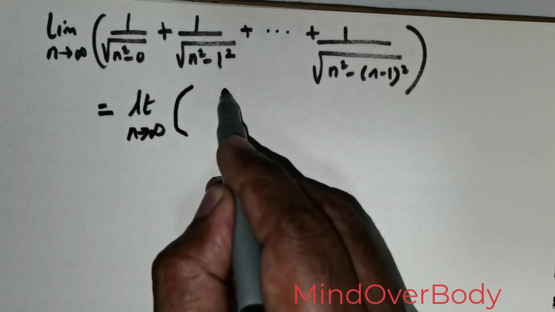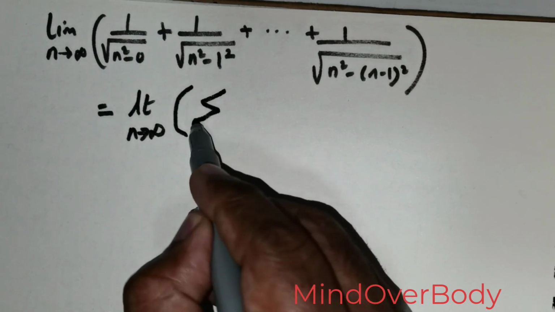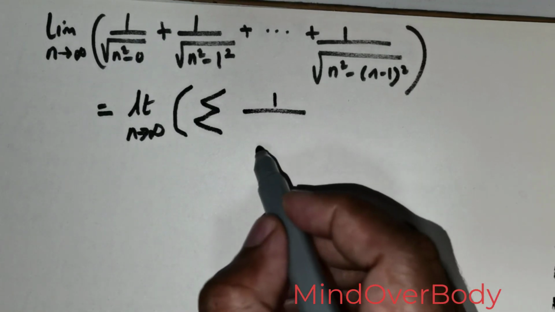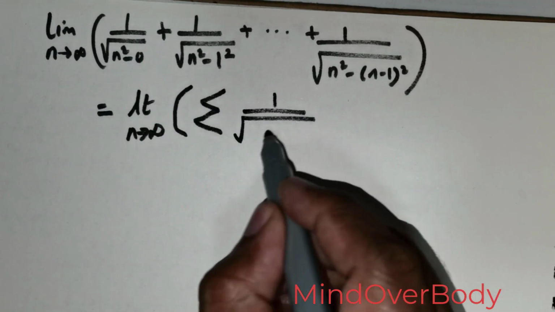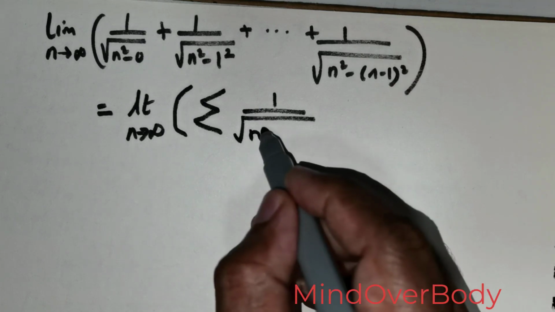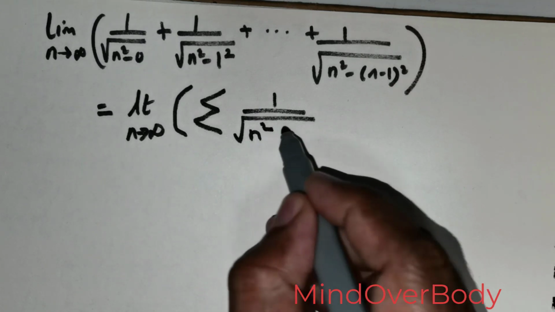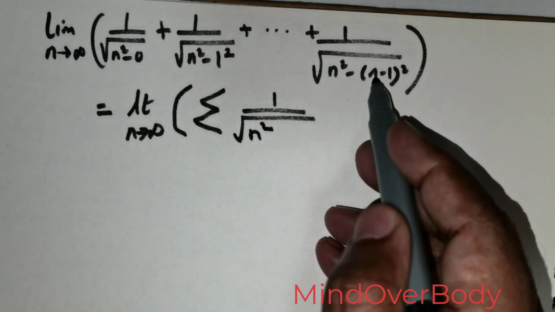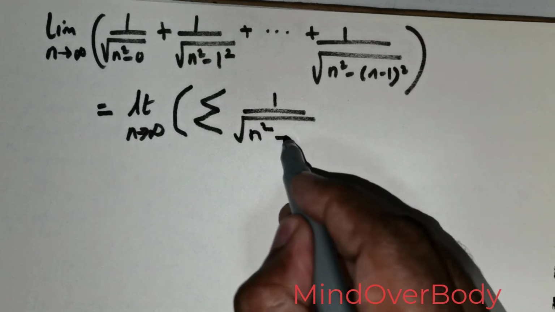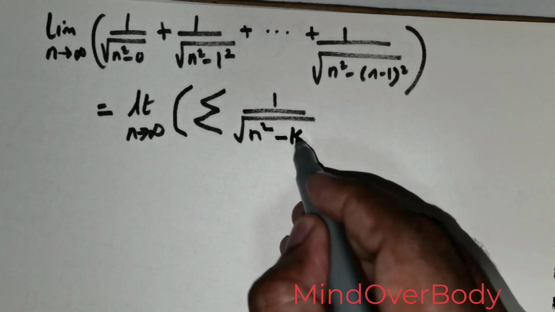So I can rewrite this as sigma of 1 over the square root of n squared minus k squared. Instead of (n minus 1) raised to the power 2, I substitute k.